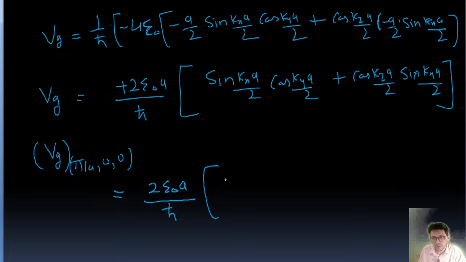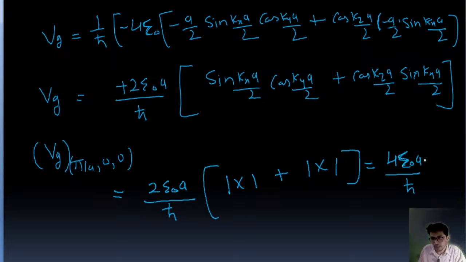Pi by a will cancel, so sine pi by 2 is 1, into cos 0 is 1, plus cos 0 because kz is 0, which is 1, into sine pi by 2, which is 1. So this value is 2 and 2, 4 epsilon a upon h cut. So this is the answer, guys.